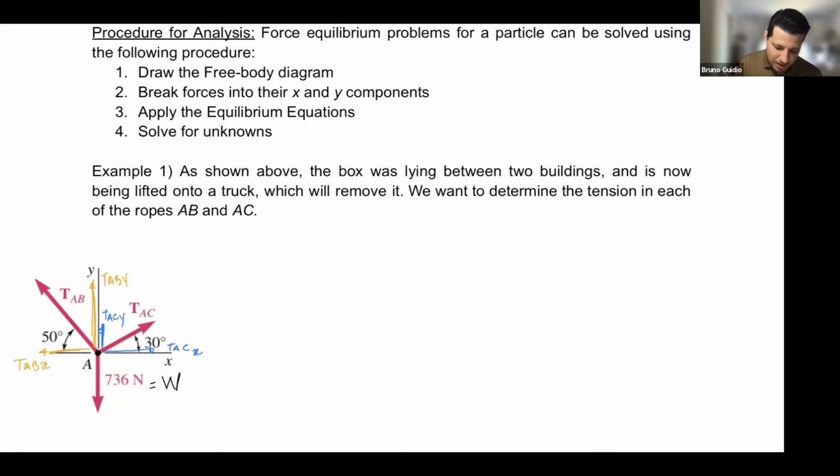And this weight is only on the y-axis, so no need to break it.